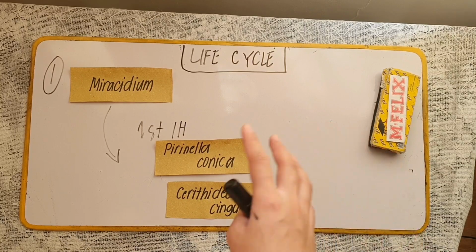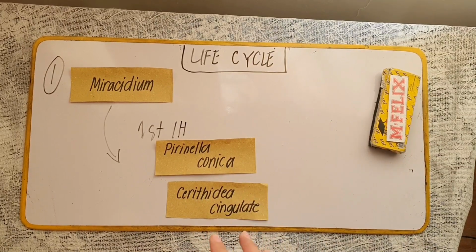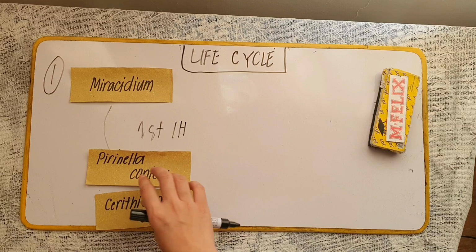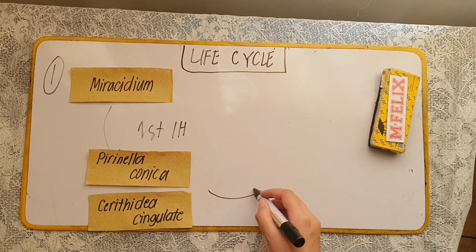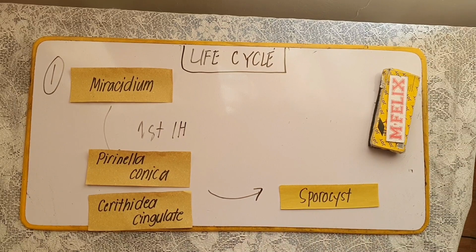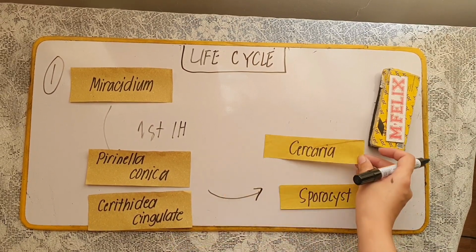Now, once na makapasok na yung miracidium natin sa intermediate host, this miracidium will transform into a sporocyst, giving rise now to cercaria.